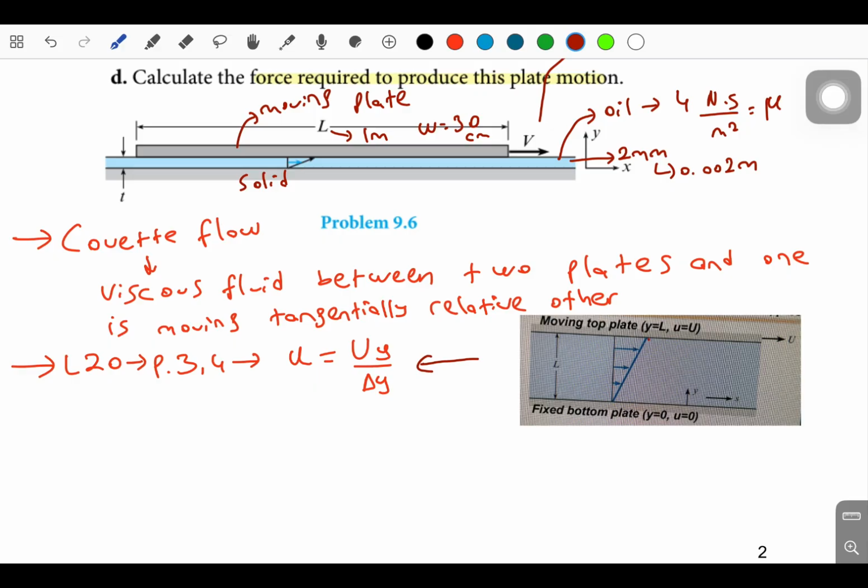So here we have a velocity distribution, and this capital U is the maximum velocity. And at the bottom, we have zero velocity. And here L is actually delta y, which shows the vertical distance between the bottom plate and the top plate.